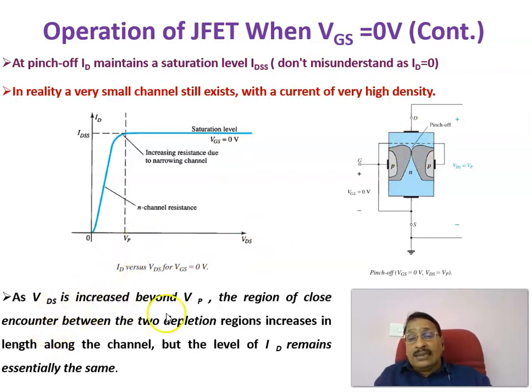As VDS is increased beyond the pinch off voltage, the region of close encounter between the two depletion regions increases in length along the channel, but the level of ID remains essentially the same. That is, the ID will be constant, that is due to IDSS. This is called the pinch off action. The channel width is touching each other, and so ID is maintained at a constant value IDSS. That is the way it works when VGS equals 0.